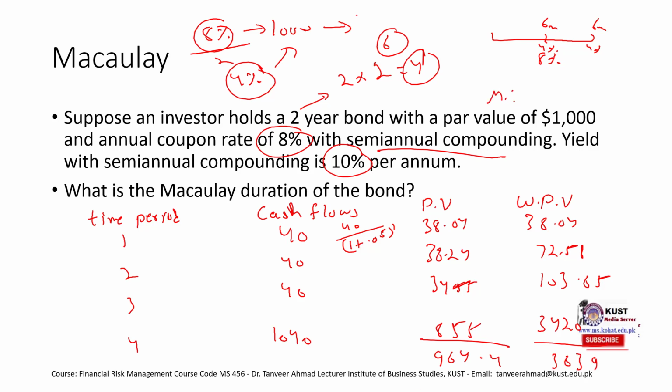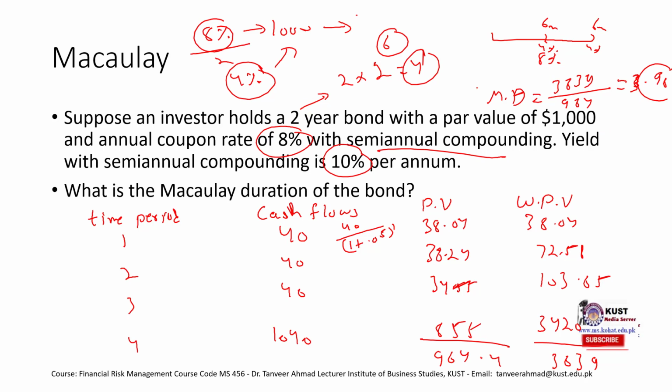So Macaulay duration would be equal to 3839 divided by 964. So we get an answer of 3.98. Remember we said that Macaulay duration should be less than the number of years, but in this case we are getting 3.98, which is greater than 2 years.